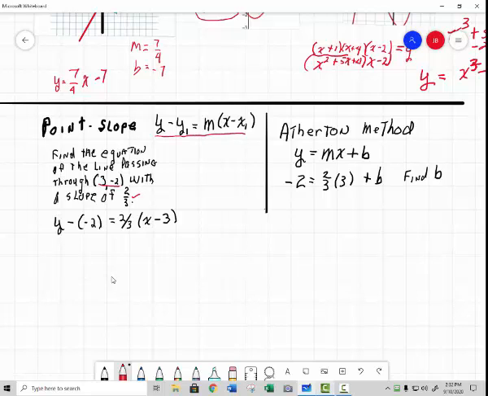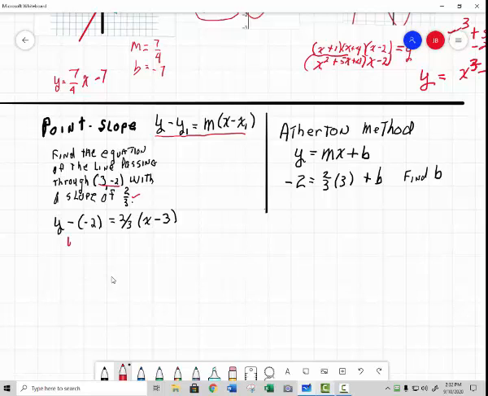And it's y minus y1 equals m times x minus x1. All you have to do is plug in y1 from this value right here. So y minus y1, there's your y1, equals m, which you know is 2/3, times x minus x1, which is right here.